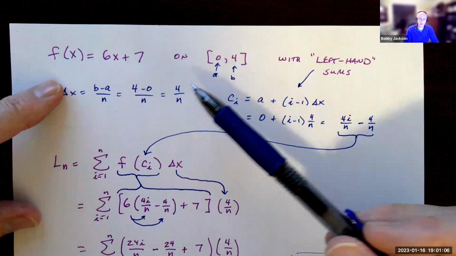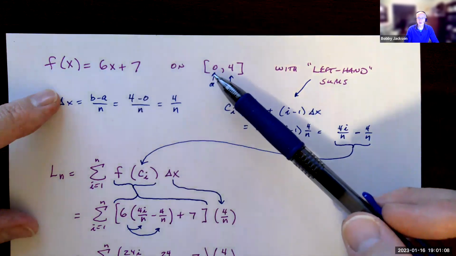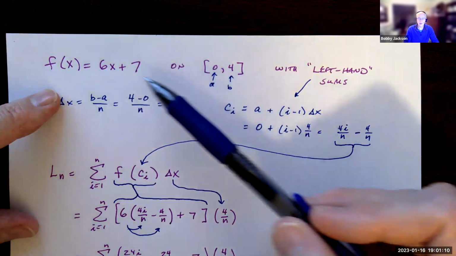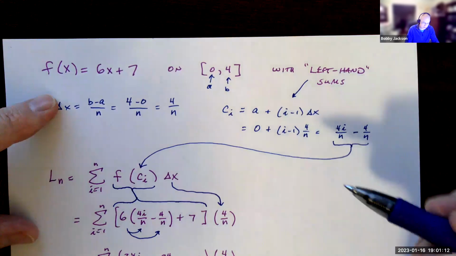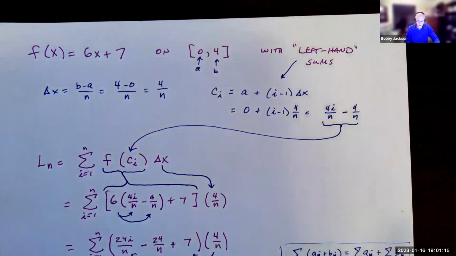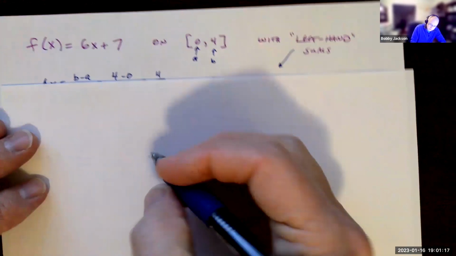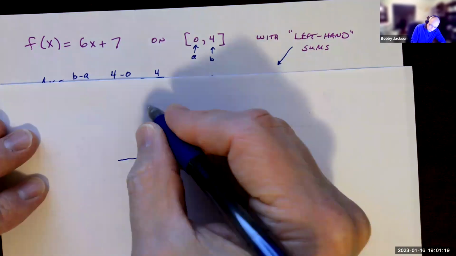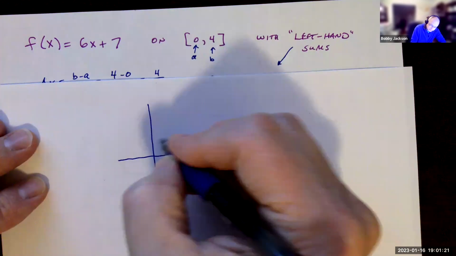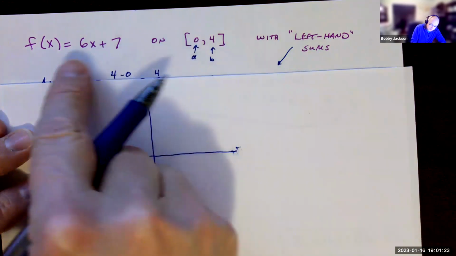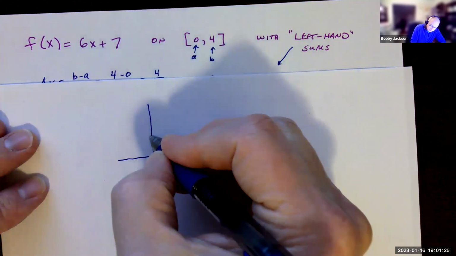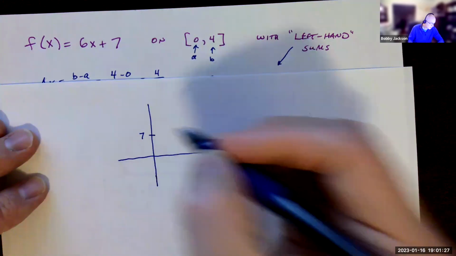Now, if I were to graph this function over the interval from 0 to 4, we know the y-intercept is 7. That's when we plug in x as 0, we obviously get 7. Let's say 7 is about here.